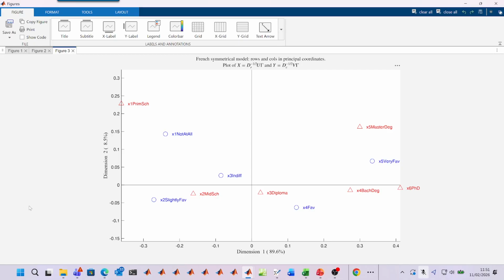Now, look at the first dimension, and it is amazing. If you project the points on the first dimension, you have primary school, mid school, diploma, bachelor, master, and PhD. But that is incredible, because it didn't have the information that PhD was greater than master, greater than bachelor.